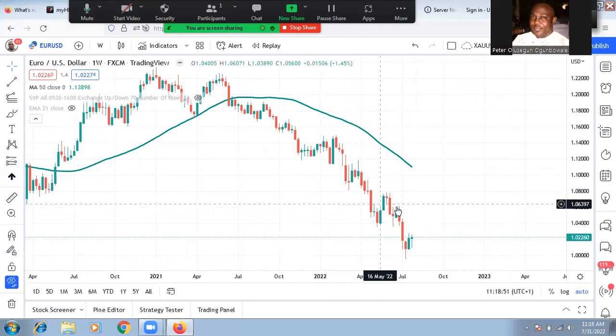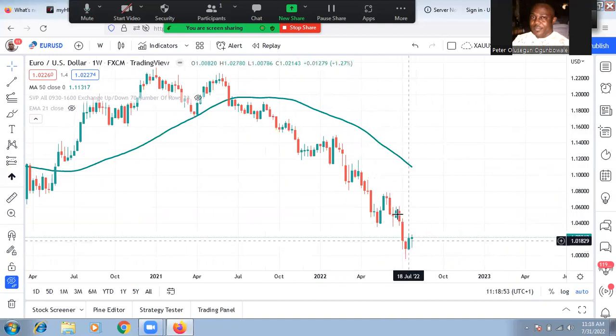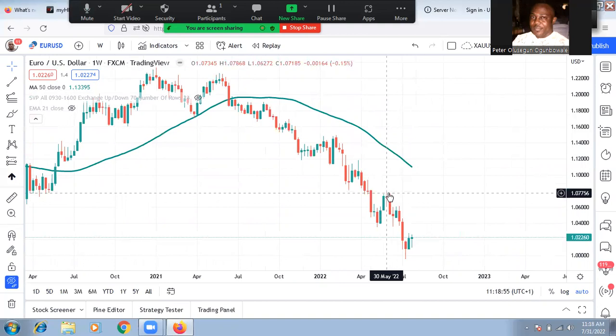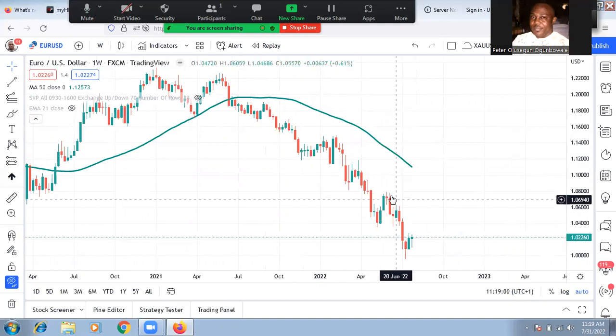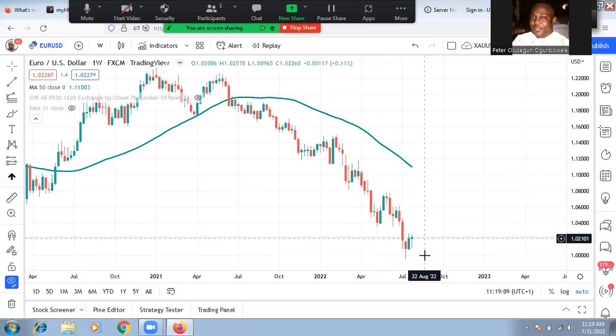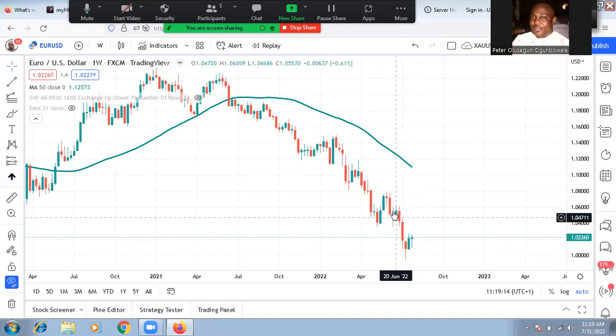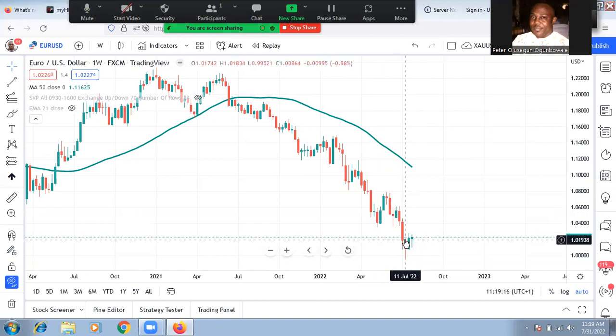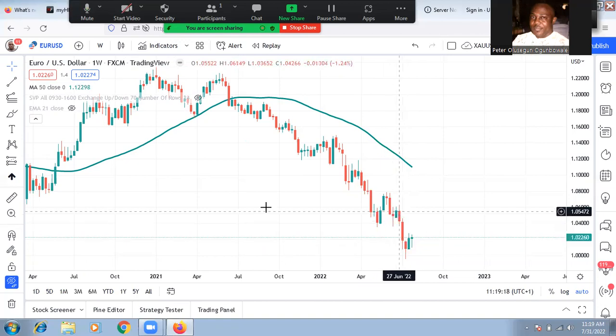So what we are seeing is more of a new structure starting from the top here, which is around 1.07865. And it seems we are at the end of that structure here, with 2 and 4 completed. That is what we are looking at.